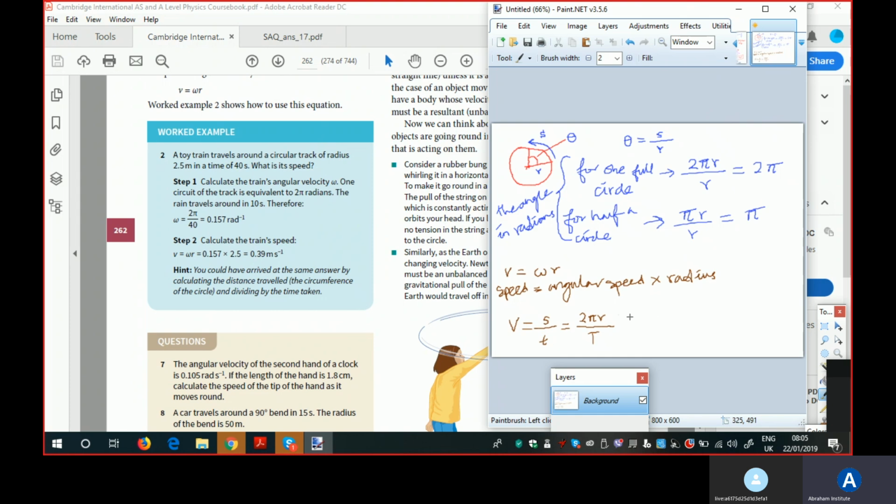When you rearrange this equation, 2 pi over T is omega, because this is the angle it sweeps in a time T, that is what omega equals, delta theta, or theta divided by t. So if you use this also, you will get it. You find the circumference, and then the time to complete that circumference, capital T.